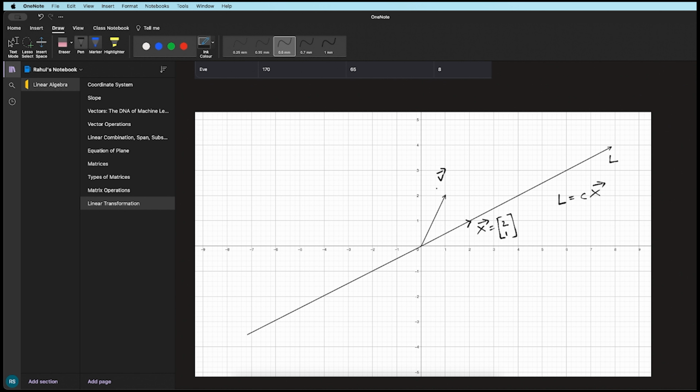Now, as I have told you earlier, suppose we have sunlight here, and if the sunlight falls onto this vector, the projection will be a straight line here.